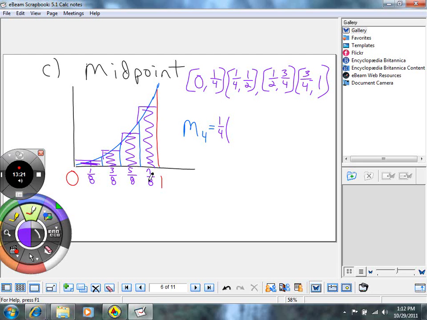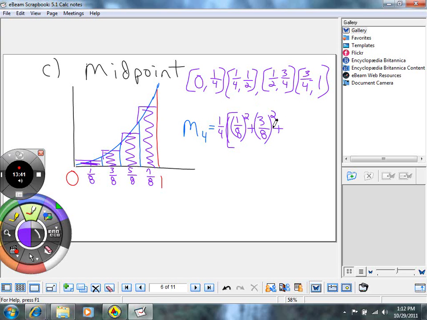Okay. The other shortcut you can do is if you know you're going to multiply by 1/4, you can just put it on the outside of the brackets, and just put your heights here. So 1/8, and you do have to square it, and then plus, just because we don't always square it, right? It depends on our function.